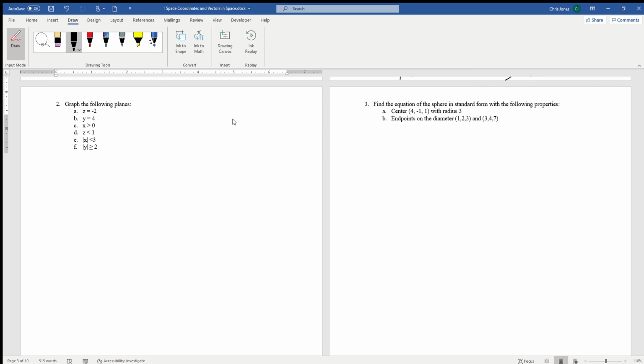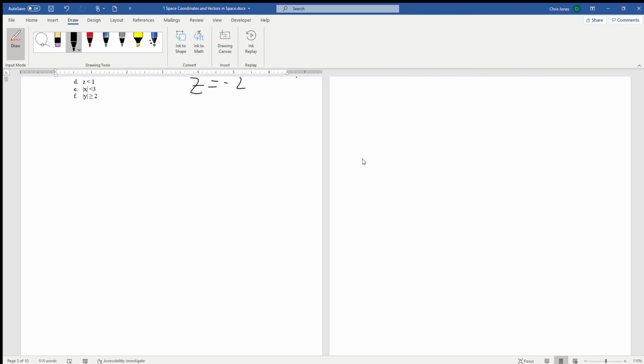So let's think about what this means. Z equals negative 2 means that x can be any real number and y can be any real number. So we're going to say x is a real number and y is a real number. The only thing that we know is that z is going to be equal to negative 2.